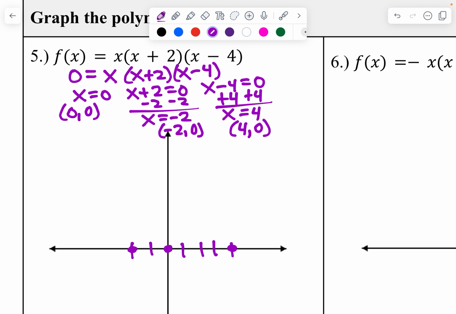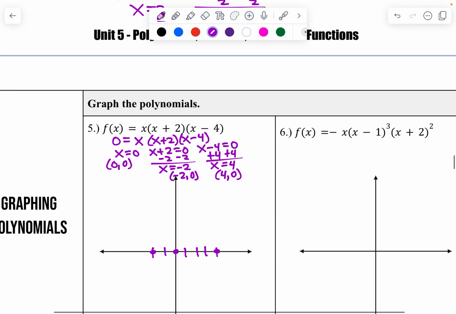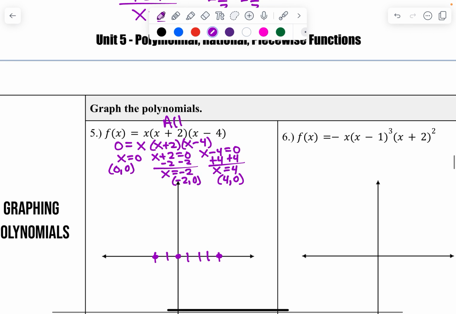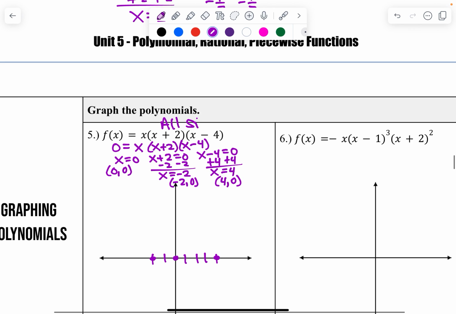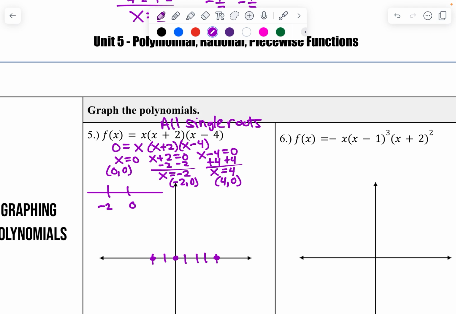Next, we can use the fact that these are all single roots, since they all have multiplicity 1, and a sign chart to help us to understand how this is going to look. So on our sign chart, we put our zeros, so -2, 0, 4, smallest to largest.